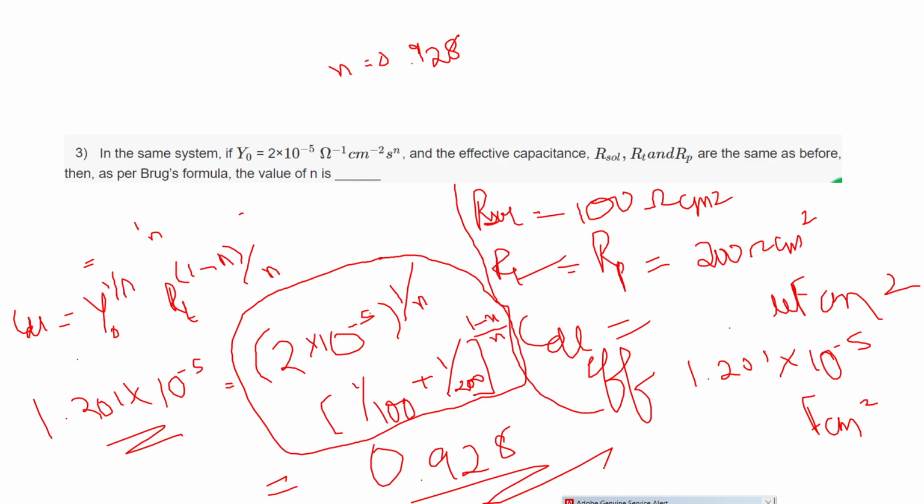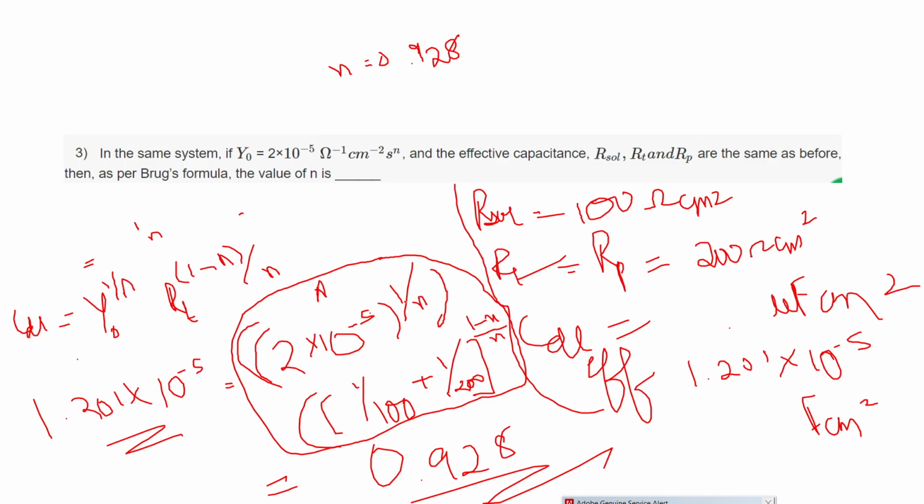Understood. In case we take a calculator, then with the logarithm, how will it be done? So it will be this one. Here you have two terms. Still, you will have to keep changing the value and check. This entire thing I can treat as A. Basically, you see 2 into 10 to the power minus 5, raised to the power 1 by n.